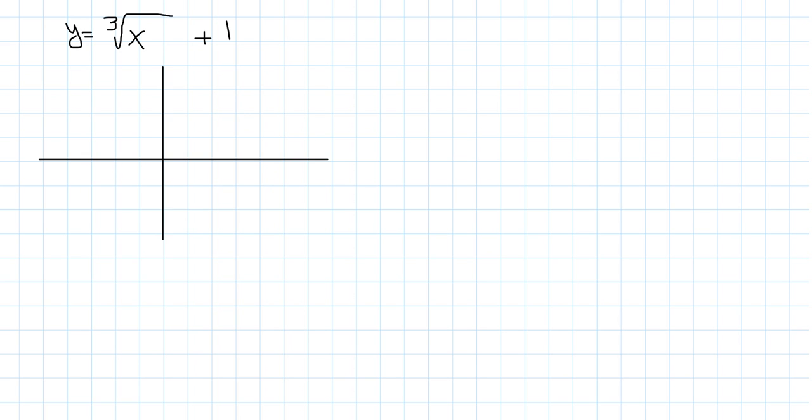I should know how to draw y equal x cube root, and shift on y axis 1. So here is 1. Let's shift on y axis. It is the graph of y equal x cube root plus 1.